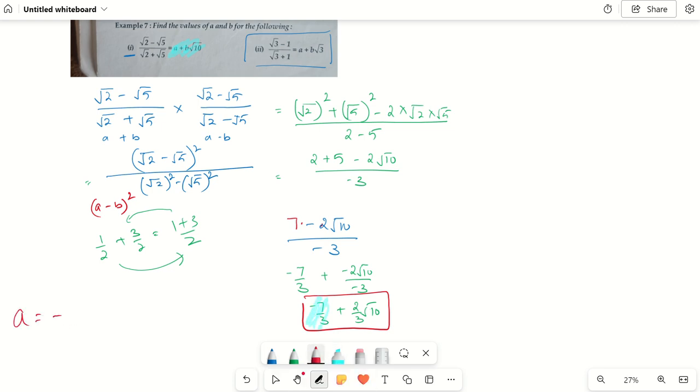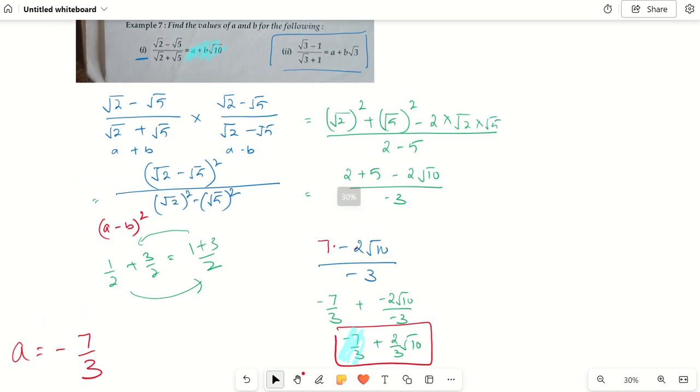So a is nothing but minus 7 by 3. And my coefficient of root 10, let me magnify it so that it becomes clear. My coefficient of root 10 is b, and here the coefficient of root 10 is 2 by 3. So the value of b is nothing but 2 by 3. So this is how I will solve it.